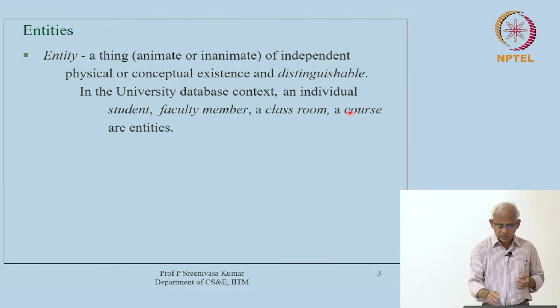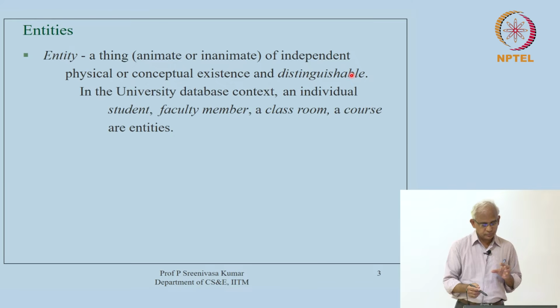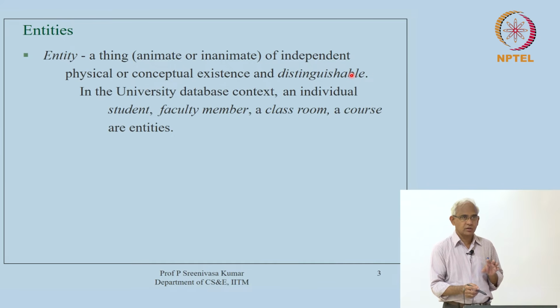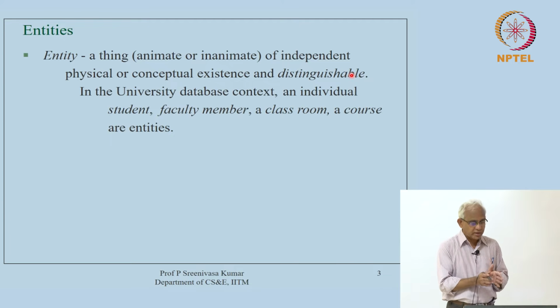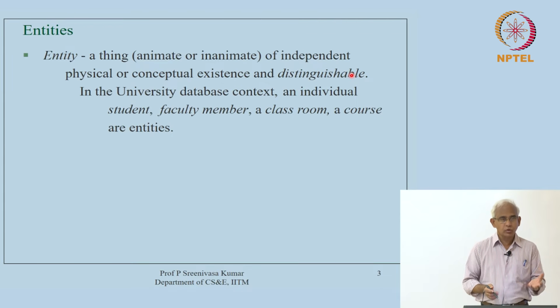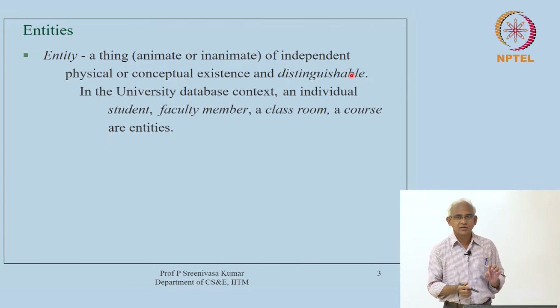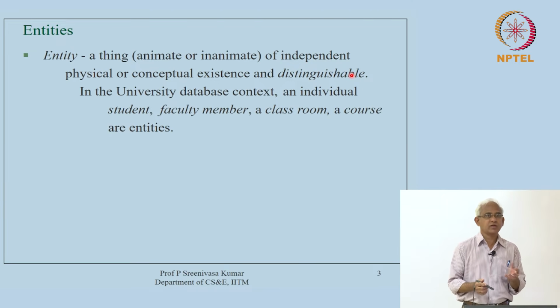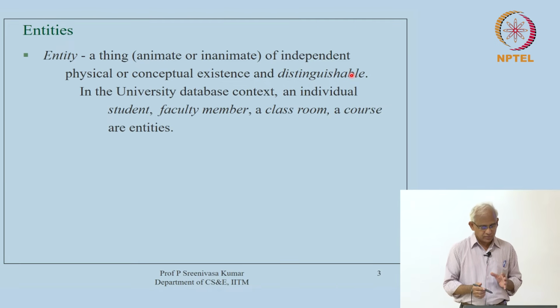They are all distinguishable because they have certain distinguishing characteristics, and we can tell one entity apart from the other entities. For example, if you take a bunch of blue marbles, this distinguishability does not occur. It is very difficult to distinguish between one marble and the other marble. So, such kind of things we cannot treat as entities. A bunch of eggs, for example, right.